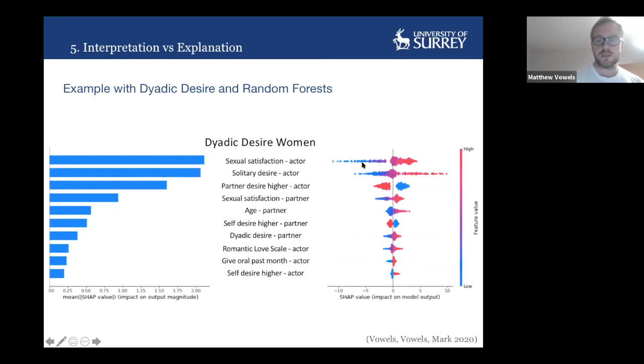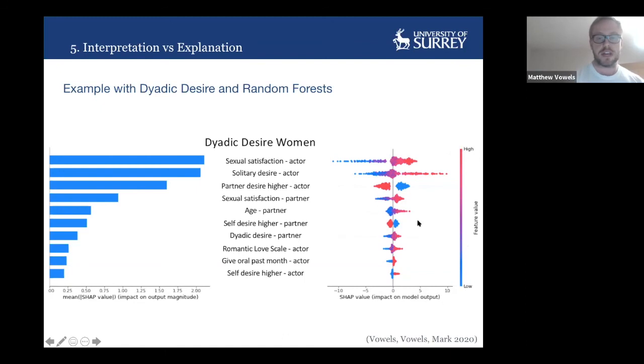On the right-hand side, it also gives you a per data point explanation of how important a particular data point was for a prediction. As an example, it doesn't really matter, but let's say we take partner desire here. This is a binary variable, actually. Is your partner desire higher or lower?